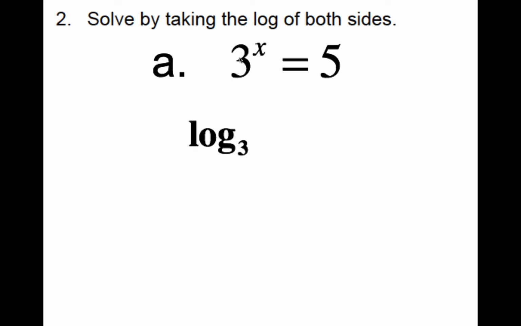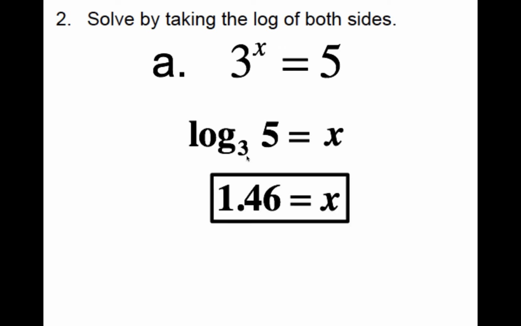The base of the exponent is the base of the log. Then you hook over to the other side, equals, hook back to the exponent. Now that you have the x by itself, we can type this into the calculator as log base 3 of 5 by typing it in as log of 5 divided by log of 3, and you get 1.46.